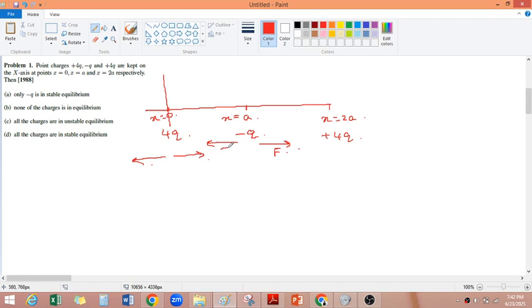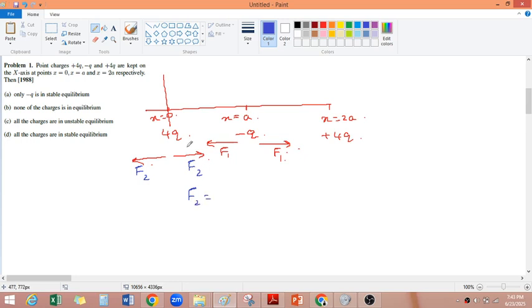I know I don't have to check this. I can directly say that the forces are equal because Q into 4Q, Q into 4Q, so this is the same, F1, F1. However, in this case, I need to check whether I am getting the same force or not. Only if I get the same force, then it is in equilibrium. If it is not an equal force, then it is not in equilibrium. So let's call this F2.